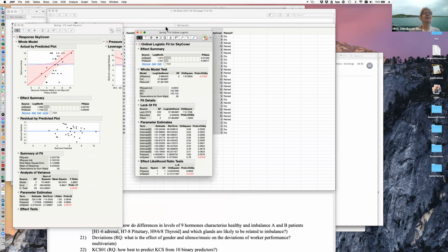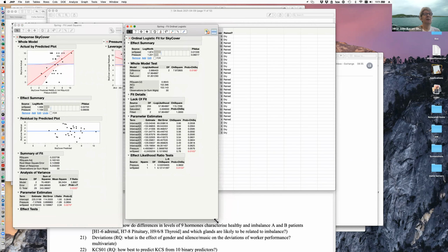So if we compare these side by side, the conclusion is similar in the sense that it does indeed conclude that as the wind speed goes up, sky cover goes up. We need to be a little bit careful about how we interpret this, because it is actually in the reverse direction.